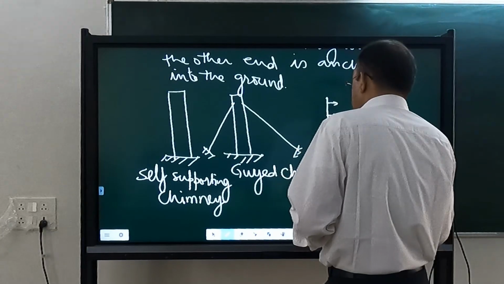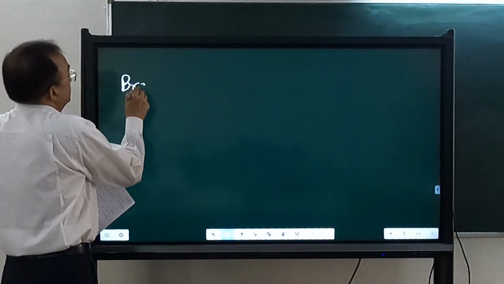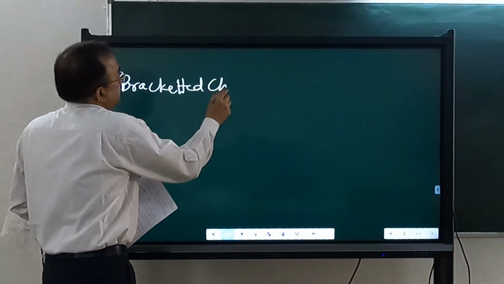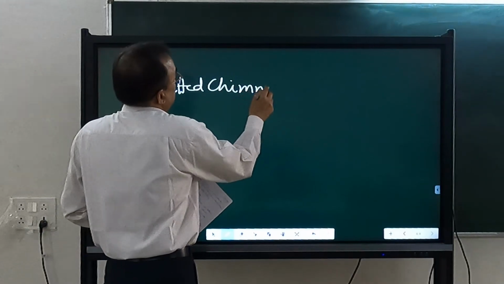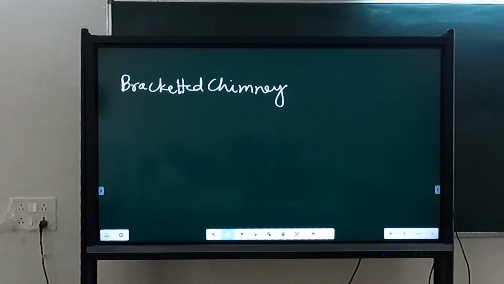Then we have bracketed chimney. Okay, so this bracketed chimney is like the stack which I was talking about. So the stack is just representing a set of chimneys.